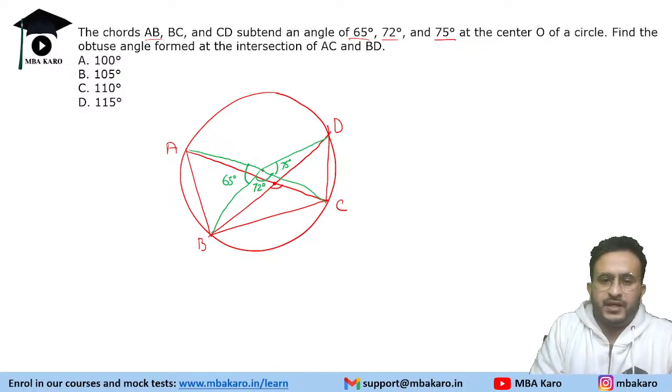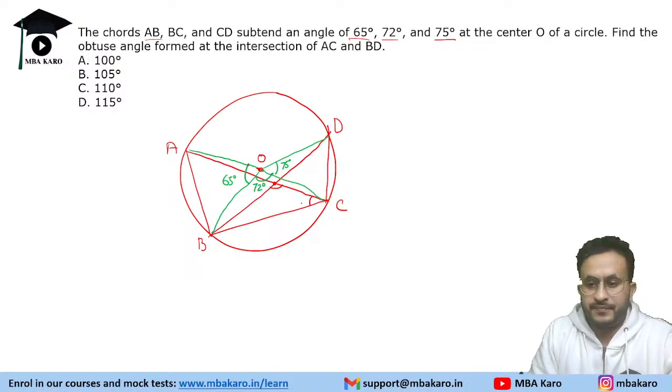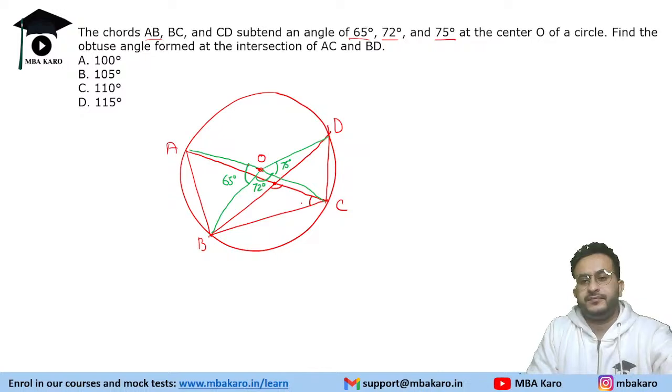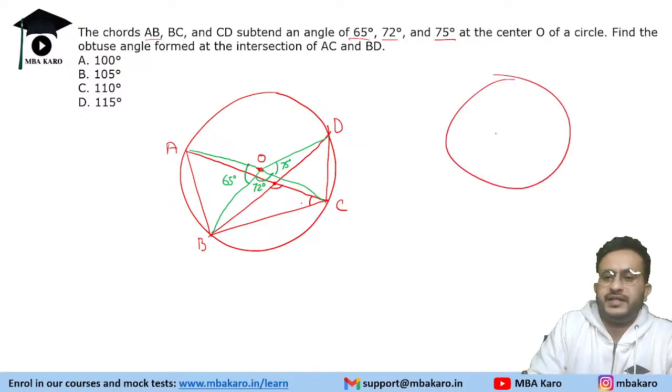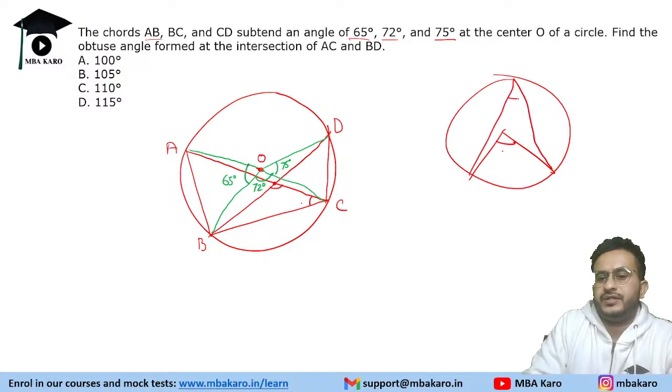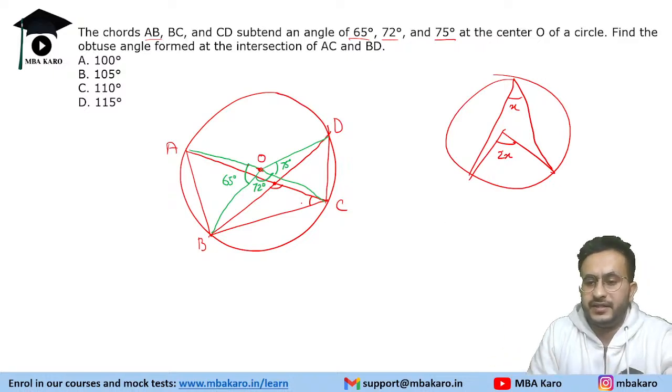Okay, now if two chords are making an angle, let us say this angle is 65 at the center O. So anywhere else here they will make what angle? Half of it. There is a theorem which says that if two chords make some angle at the center, and another angle here, then this angle is half of the angle at the center, or angle at the center is double here, isn't it?